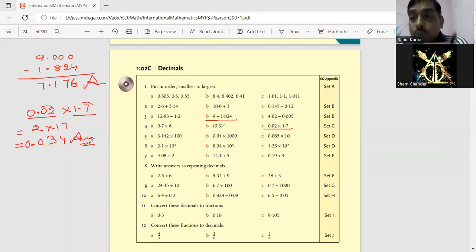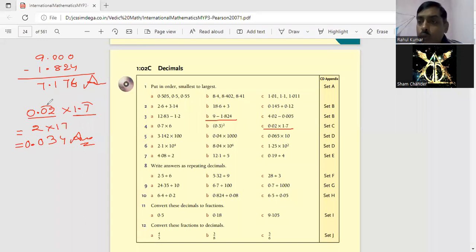0.034. Do you understand why I am putting the decimal after writing a 0? Yes, sir. Because 0.02 is in the hundredths, sir. Just count how many digits it has after the decimal place. 2. And here, 1.7, how many digits are there after the decimal place? 1 digit.